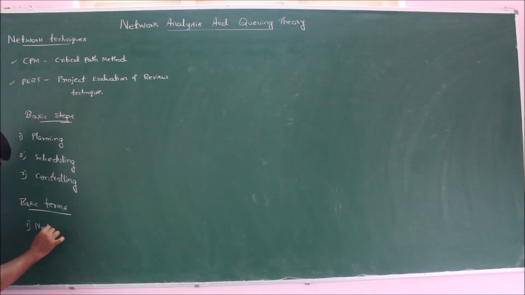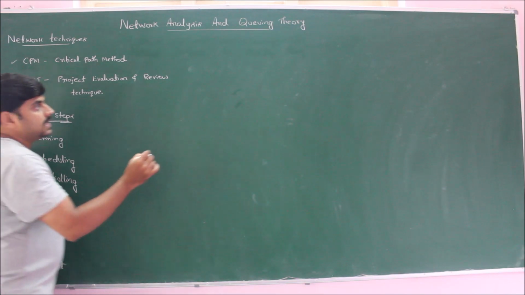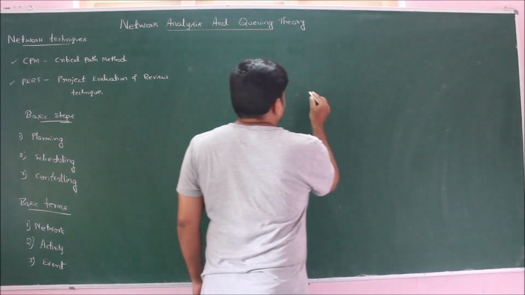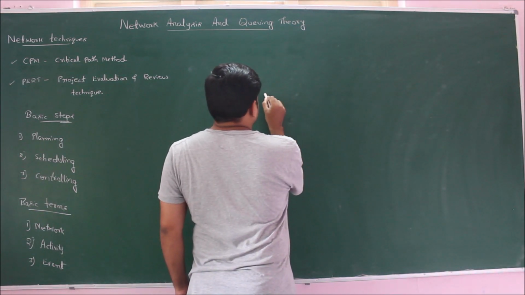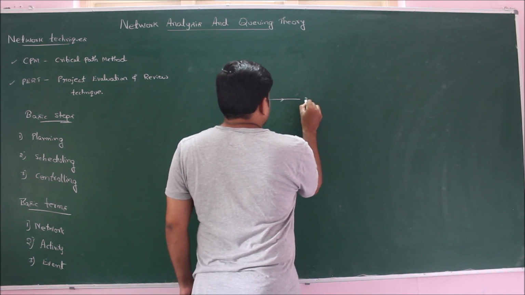Next, moving on to the basic terms in network analysis. First one is network, second one is activity, and third one is event. Let us consider a project involving various activities which is represented by a network.